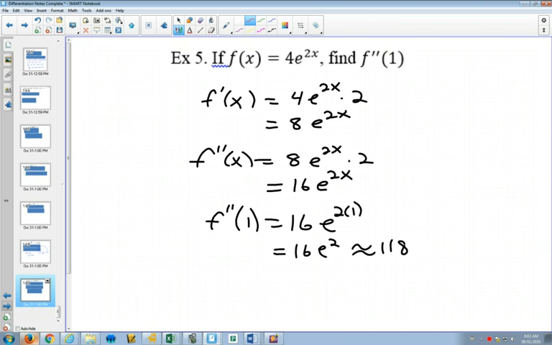Trying to think of a 6-7 discriminator question for this. I think on a final exam, if they wanted to create something a little bit different, they would say let fn of x equal the nth derivative.